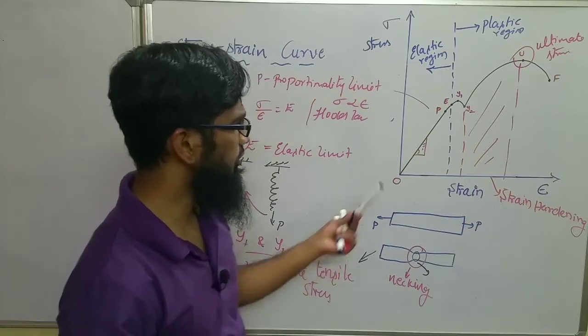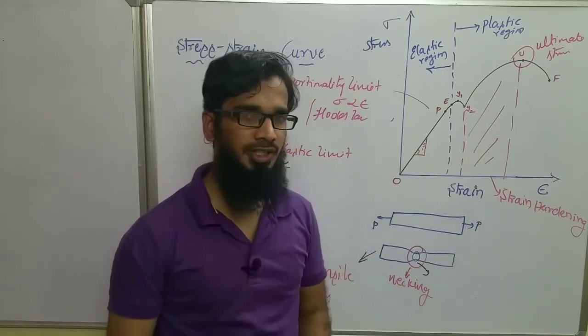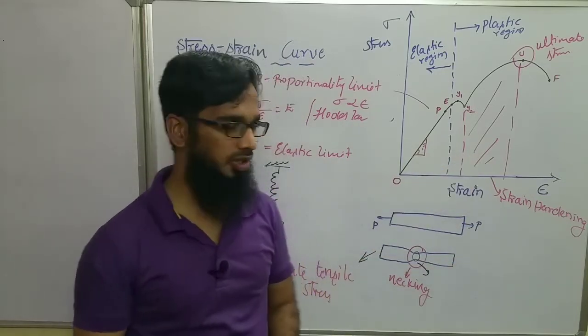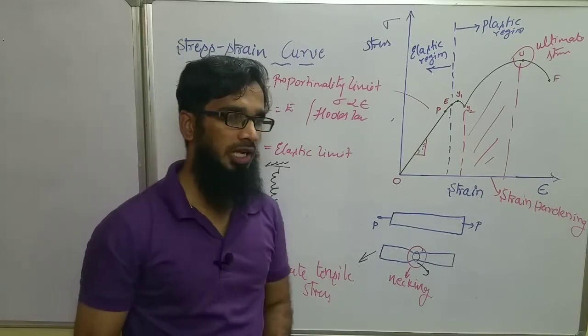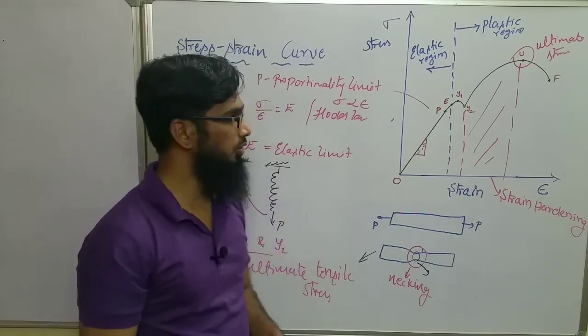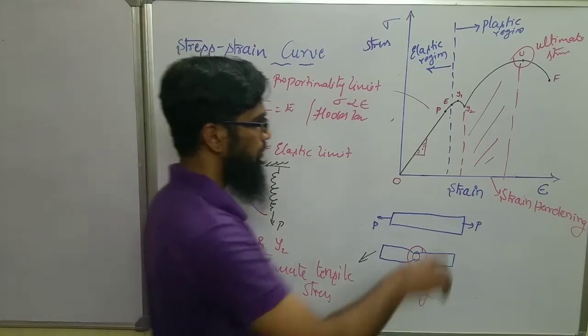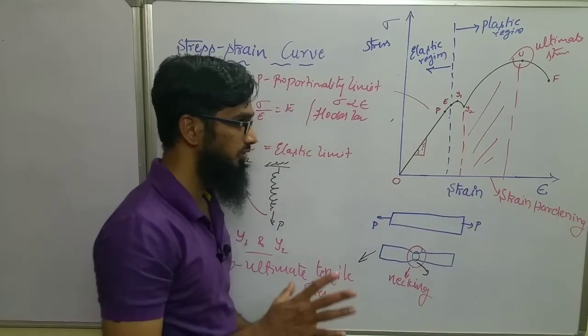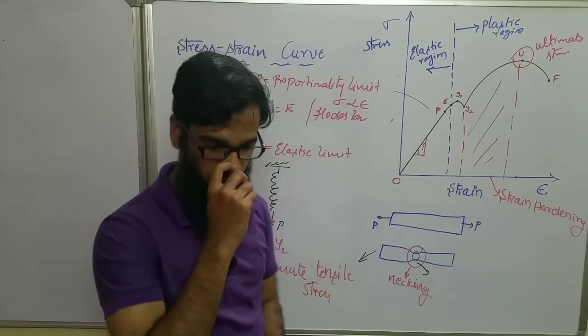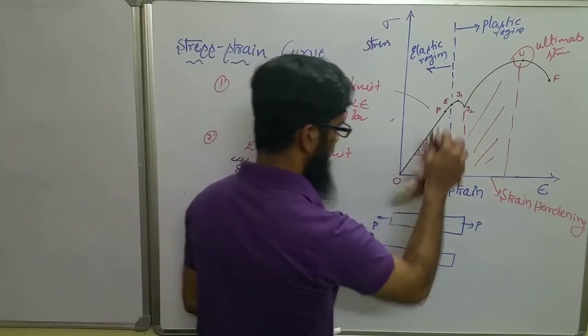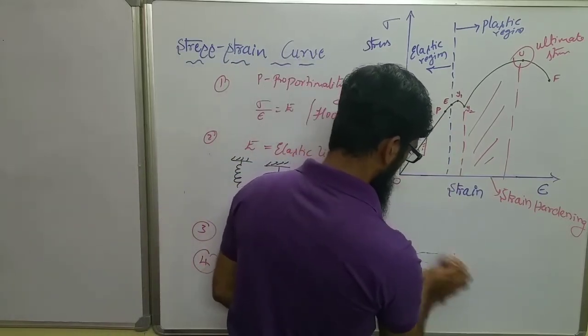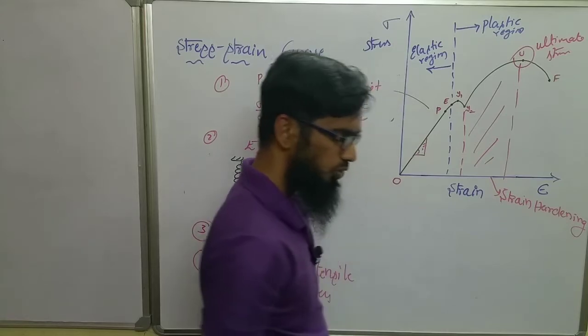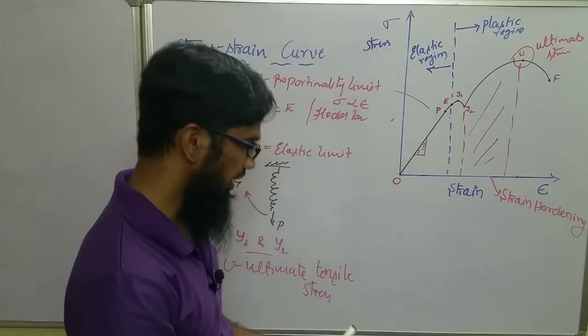A very important thing: the graph we have drawn is called the theoretical graph. This is not the actual graph. Up to Y2 you can see the same property of the material. When you go for the stresses, we have two types.